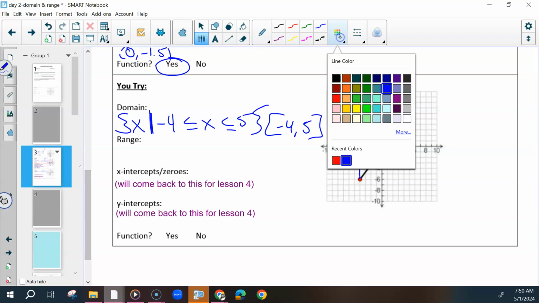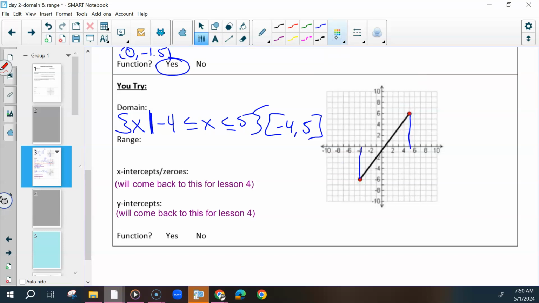For the range, lowest to highest. So curly brackets, y, the line, -6 is less than or equal to y, which is less than or equal to 6. Curly brackets, or square brackets, -6 to 6. What are the x-intercepts? If yours goes through 0, 0, put that. Mine does not.